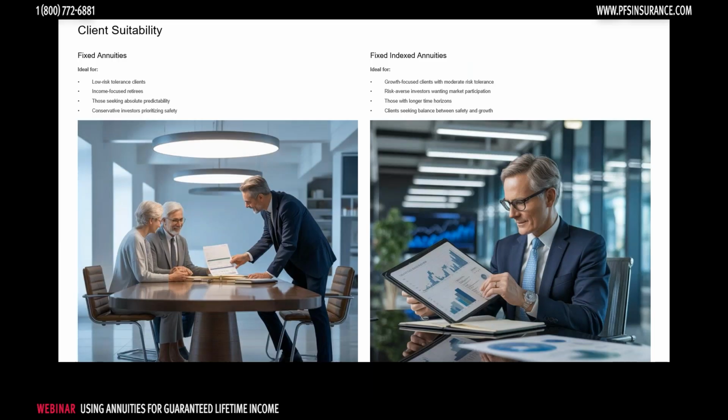For the fixed indexed annuity, they're going to be more growth focused. They want to take a little bit more risk. They don't care about getting a guaranteed rate of return because they know they can get a little bit higher if the indexes perform. They want to participate somewhat in the market, right, but not directly in the market. They have a little bit longer time horizon, right?